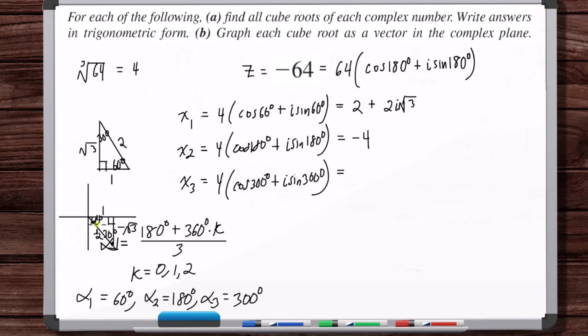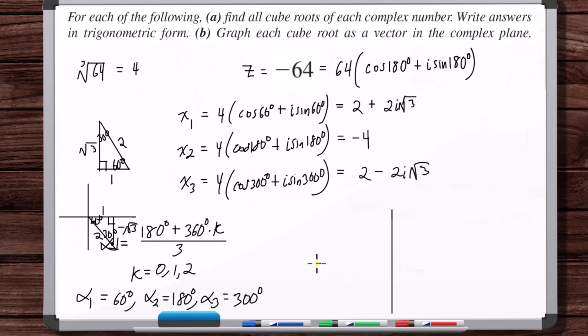So cosine of 300 is 1/2, so we'll have a 2 here. And sine of 300 is minus root 3 over 2. And there you go. There's the 3 roots. If you cube any of these, you're going to get minus 64.